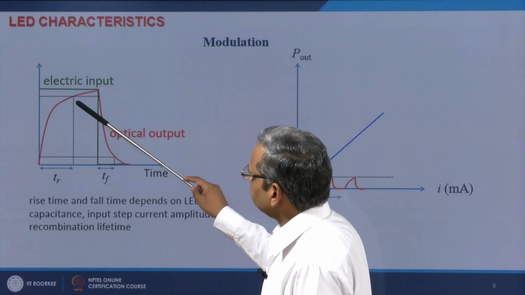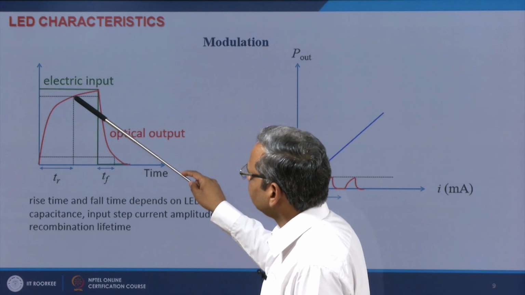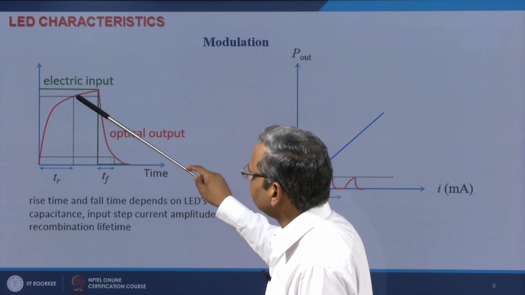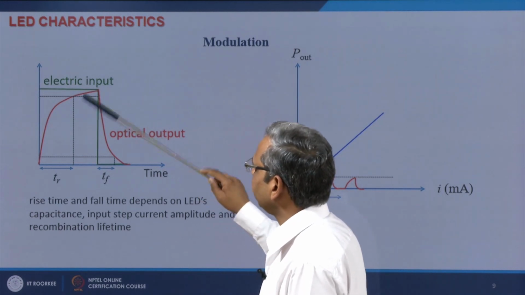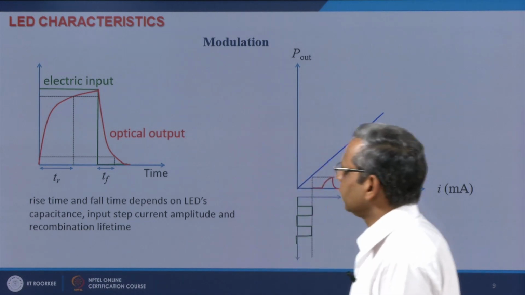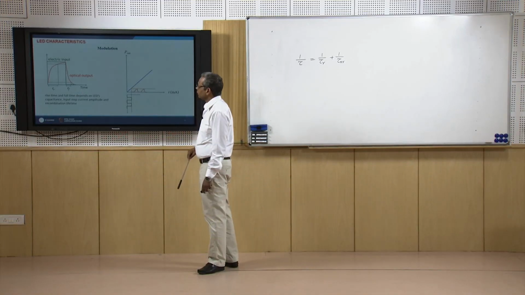and this is the 90% level. So, the time in which this optical power will rise to 90% of the maximum is called rise time, TR.